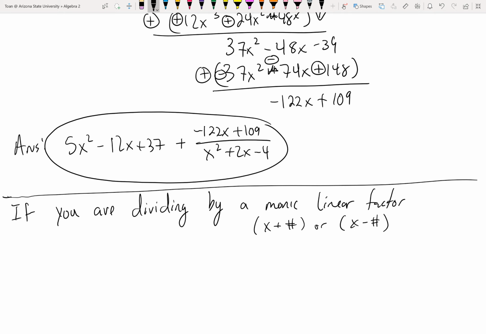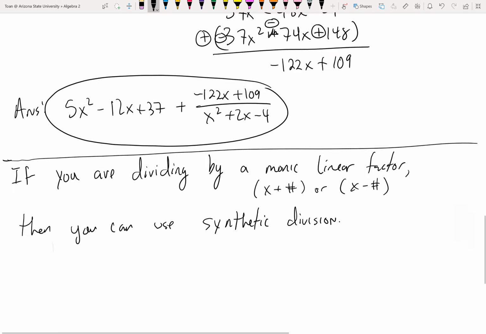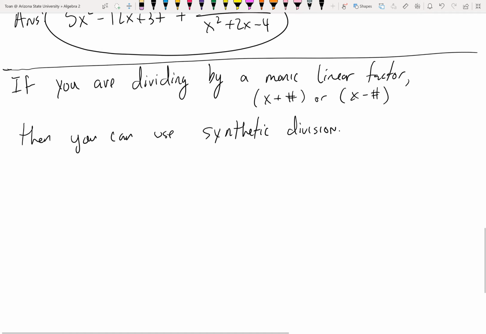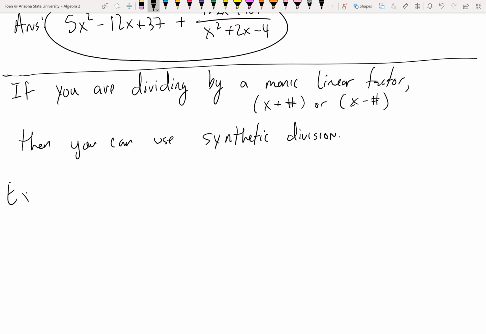So if you're dividing by a simple x plus or minus a number, then you can use synthetic division. Remember that synthetic substitution we did last week? Well, that is a process of dividing out monic linear terms. So we can use the same process, that L bracket process, to speed up this division, assuming we're dividing by monic linear terms.